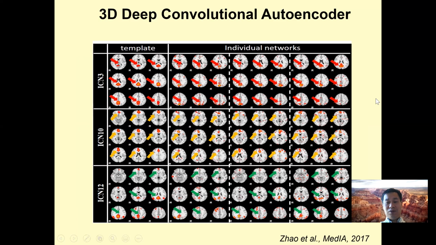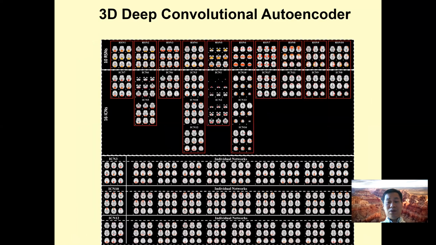If you look into the resting state fMRI and task-based fMRI together, when we are trying to identify the default mode network from the volumes, there is a huge amount of variability. So we classified the original 10 resting state fMRI networks into 16 subtypes.